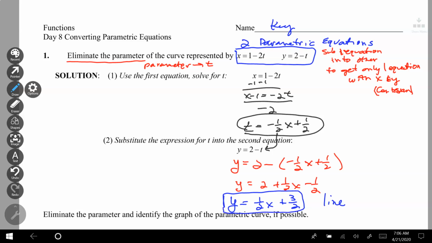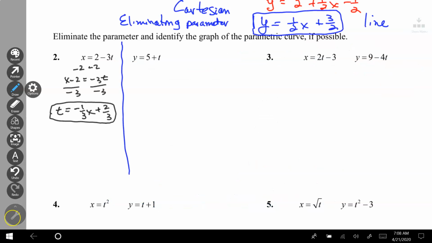This is a linear equation, and now I have an equation that is just a Cartesian equation, and I've eliminated the parameter, which was the letter t. The rest of these notes are just examples of eliminating the parameter.